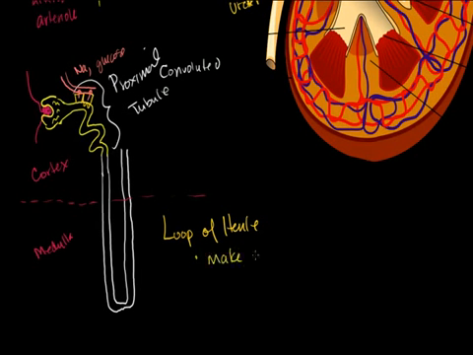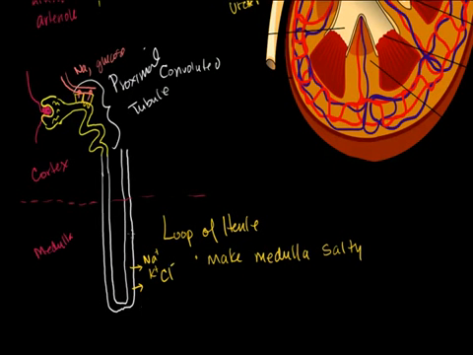Make the renal medulla salty. And it does this by actively pumping out salts. So it actively pumps out salts, and it does that in the ascending part of the loop of Henle. So this is the ascending part. So it actively pumps out salts, sodium, potassium, chloride, or chlorine, I should say, chlorine ions.